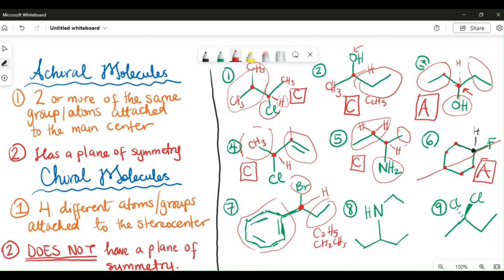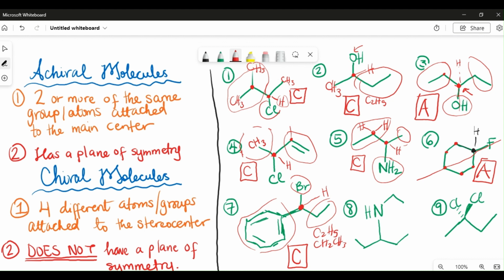So you have the carbon benzene group, you have the bromine group, you have the hydrogen group, and then you have the ethyl group. These are four different atoms or groups attached to the main carbon center. So this is a chiral molecule, not achiral. I apologize, the molecule is chiral.